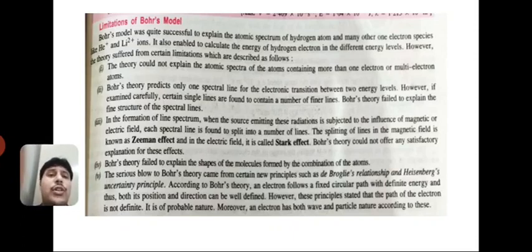Now Bohr's theory predicts only one spectral line for the electronic transition between two energy levels. However, if you examine carefully, certain single lines are found to contain a number of finer lines. Bohr's theory failed to explain the structure of the spectral line. Now, when the source emitting this radiation is subjected to the influence of a magnetic or electric field, each spectral line is found to split into a number of lines.